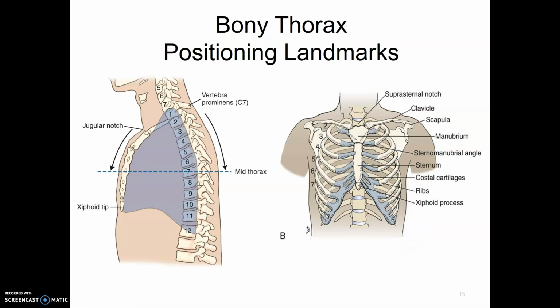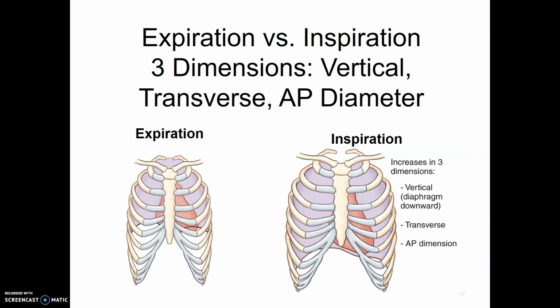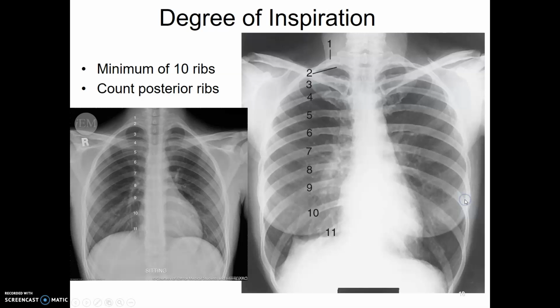Positioning landmarks, I know we've done some of these already, but these are one of the things I really would love for you to master and memorize, have a flashcard for. You're going to use these throughout your entire time for positioning courses, so review those for me. Expiration, inspiration, understanding how the diaphragm moves in each of them, which way it moves for inspiration versus expiration.